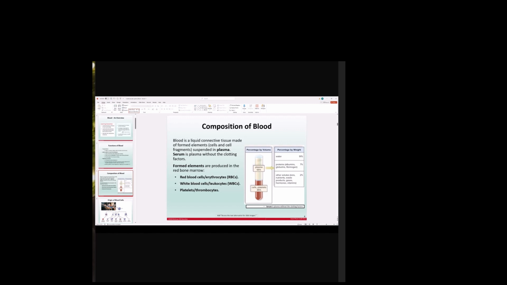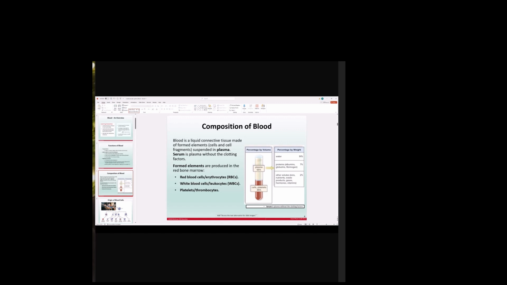If you take out the cell fragments from the plasma, then you refer to that portion as serum. Serum is plasma without the clotting platelets. You see, they call them formed elements.